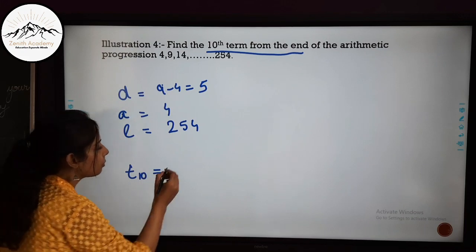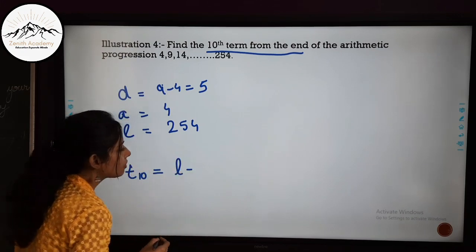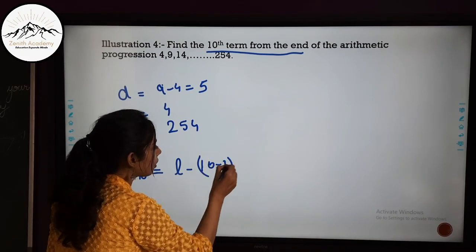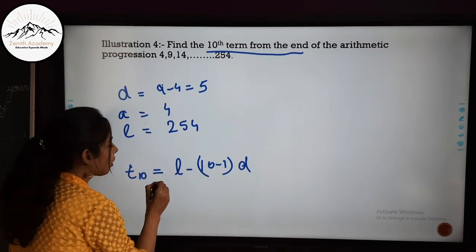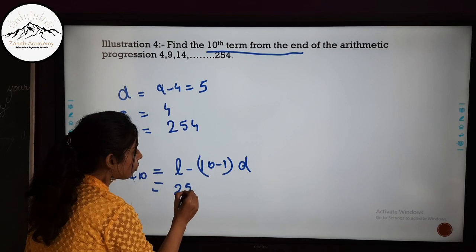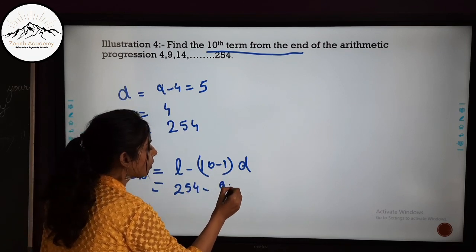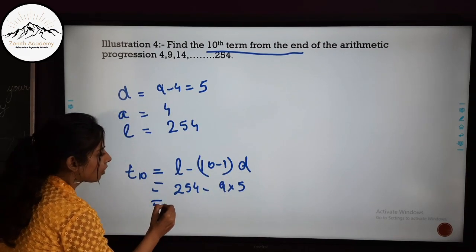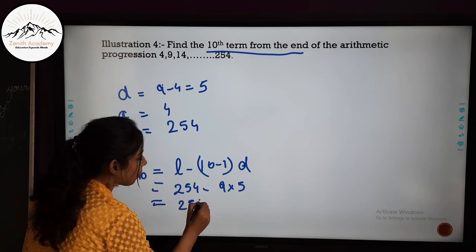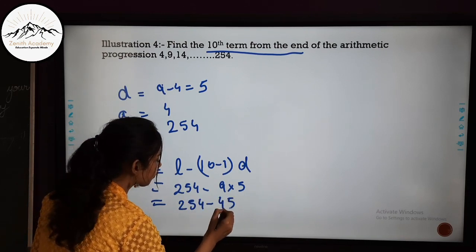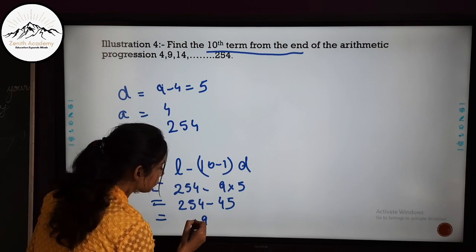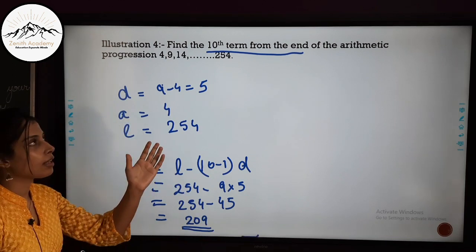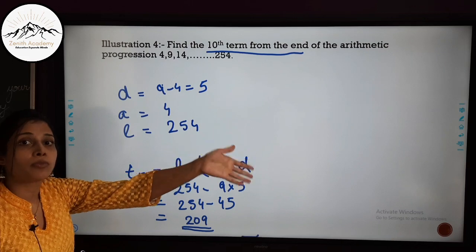Term 10th from the end will be L minus 10 minus 1 into D. This is 254 minus 9 into 5. 254 minus 45. This will give us 209 as the answer. And this is how we find out in any arithmetic progression any term from the last.